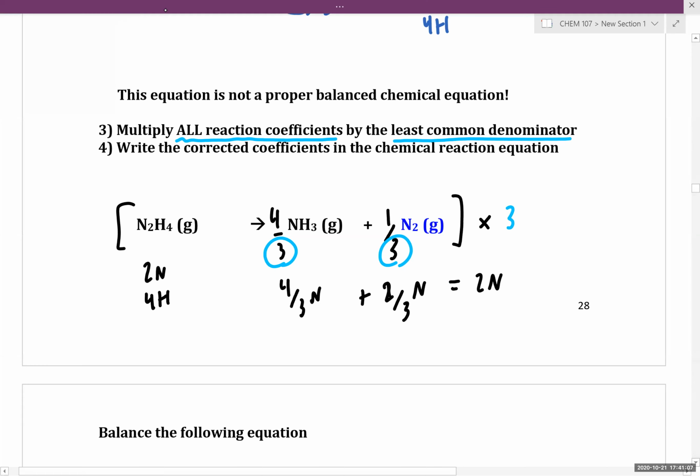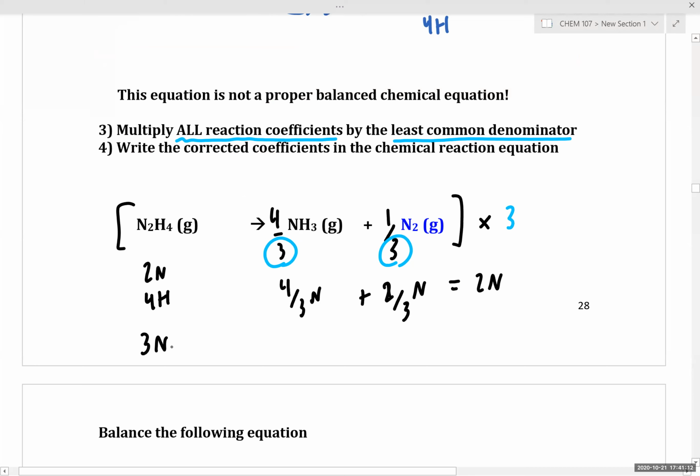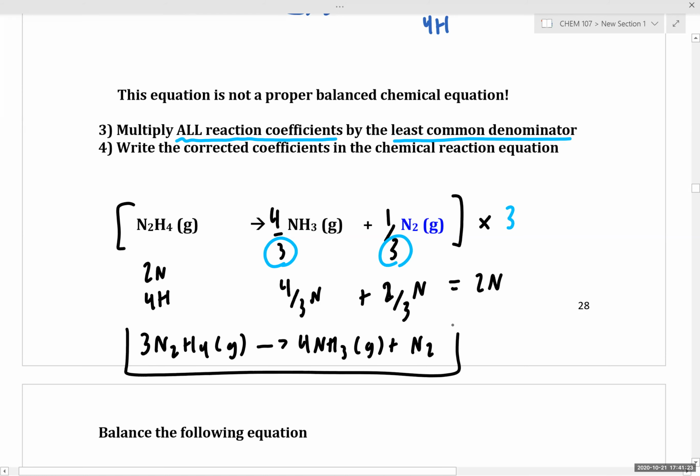And that in turn gives us the following balanced equation, which is identical to the result that we obtained using the least common multiple method. Now, for those that are curious, the reason why the least common multiple method works is that we are, in essence, balancing the equation using the half notation method and then multiplying out each of our coefficients by a whole number.